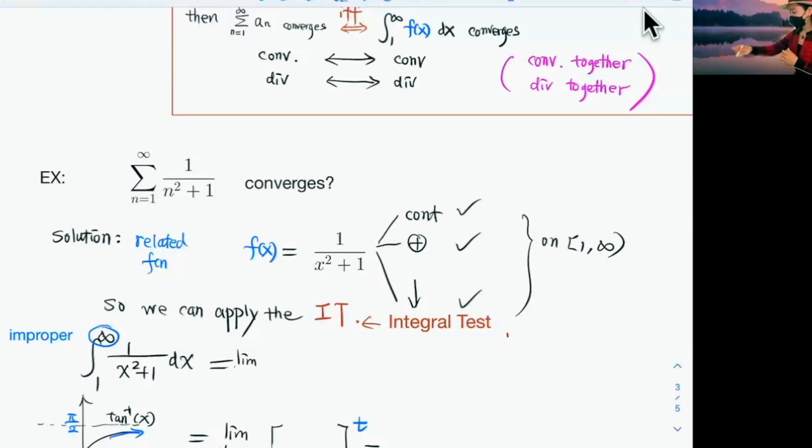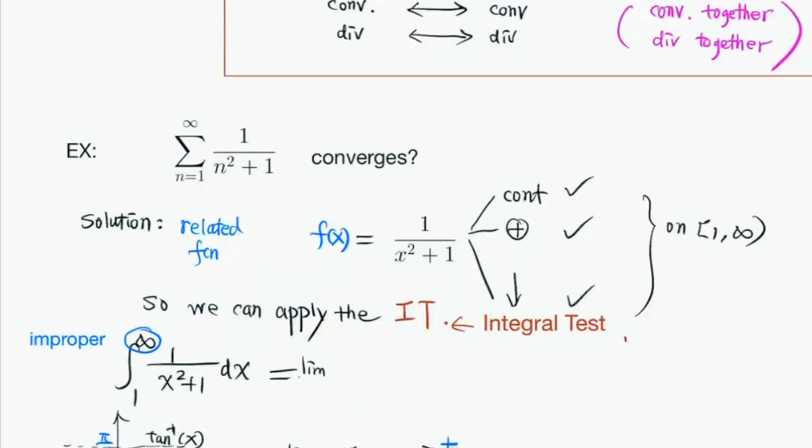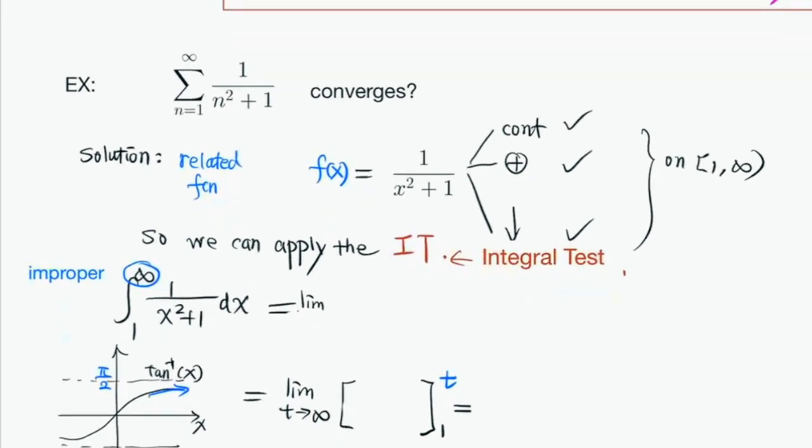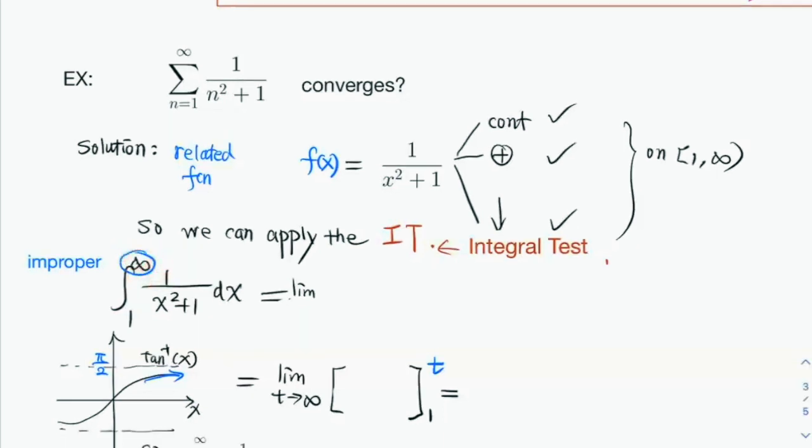So now we can apply the integral test, IT for integral test. We're going to look at the integral of this function, x going from 1 to infinity. This is an improper integral of type 1. If we want to do it formally, we replace infinity by t, and then let t go to infinity.